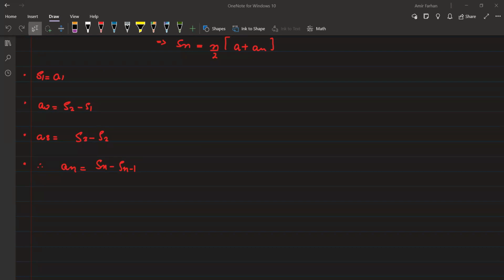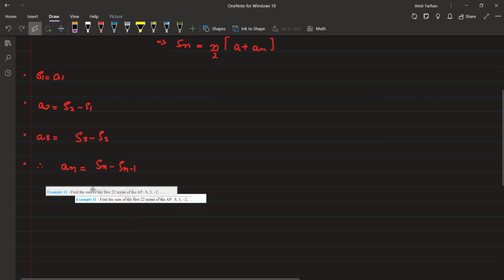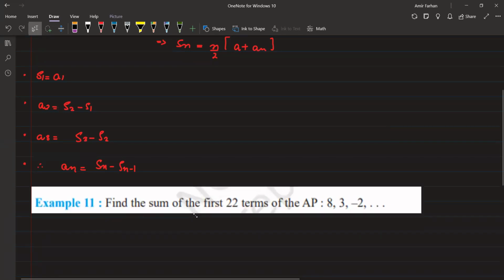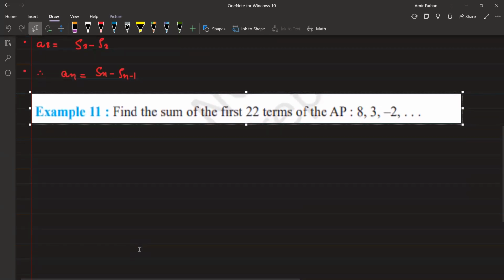It's a normal, straightforward question. This question is saying that we need to find the sum of the first 22 terms of an AP. Clear? And the AP is given right there.